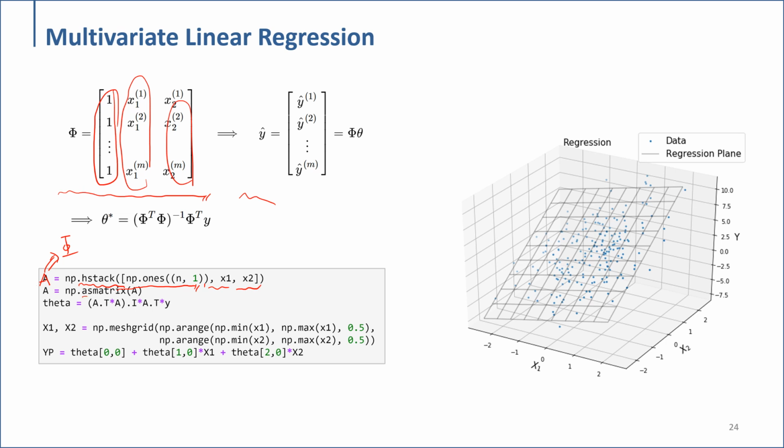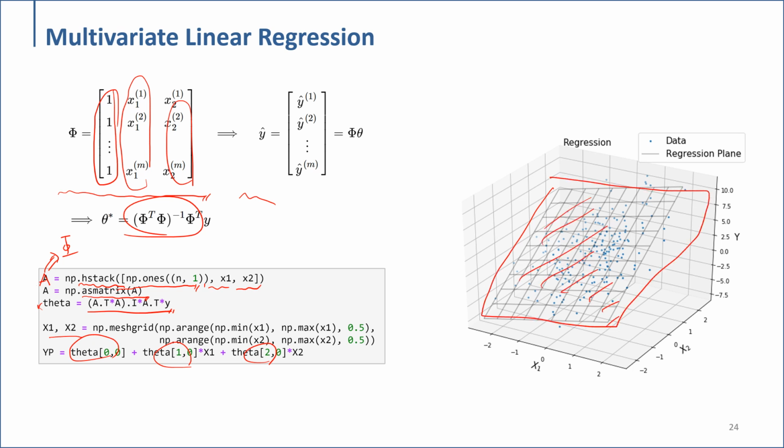Then let's treat this A array as a matrix, and let's solve this linear least squares problem using this equation. And by plotting the result from theta, saved in this variable, we can see the regression plane represents our data set very well.